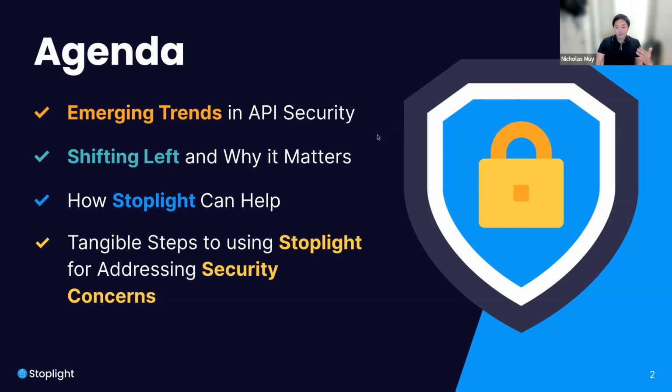And then I'll talk about what shifting left looks like in API security and why that matters. I know shifting left gets used a lot, so we'll get specific there. And then I will hand it off to Noman, and he'll walk us through how Stoplight can help and real steps you can take using Stoplight to help you with your security concerns as you're on your journey to better API security.